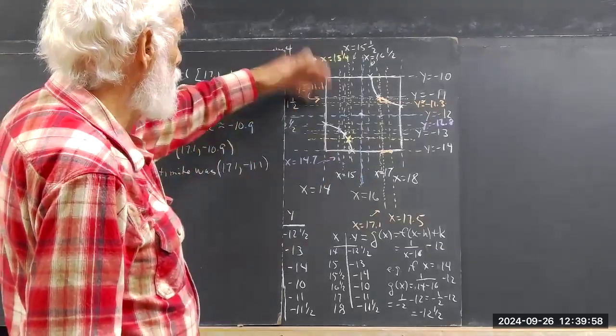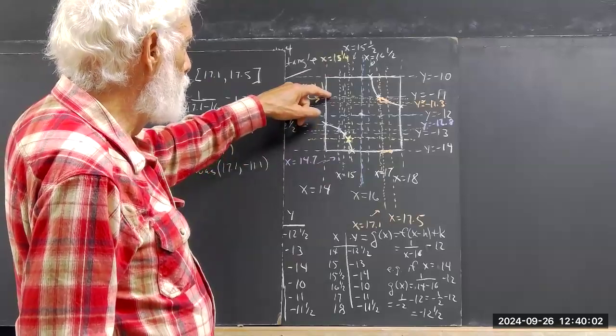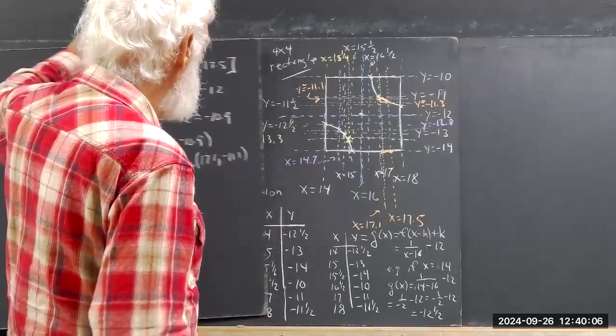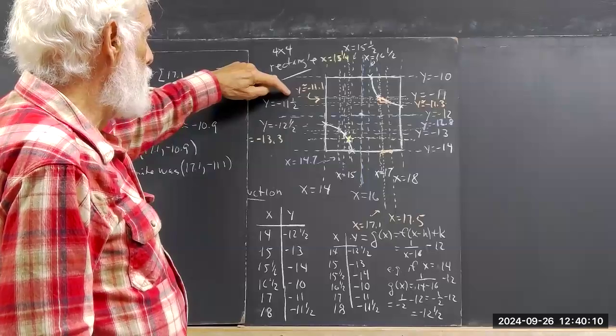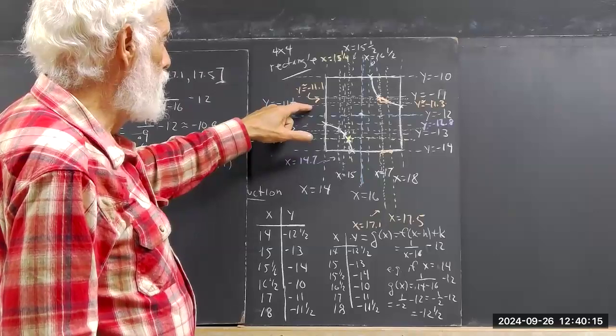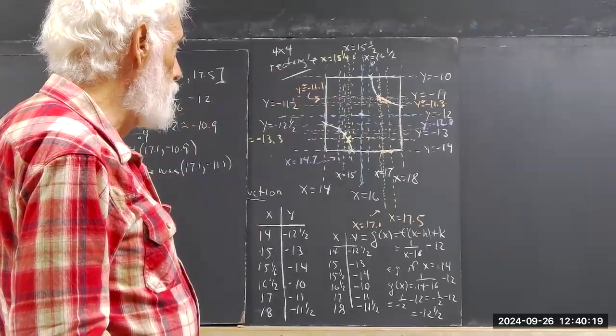So my lines probably weren't all that good. My y equals negative 11.5 line and my y equals negative 11 line are a little closer than they should be. That line should have been a little lower.